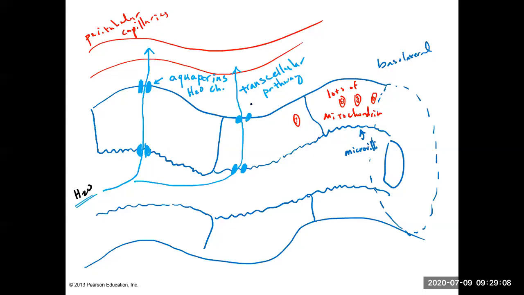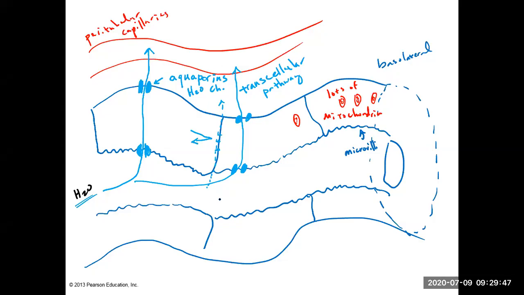But the water can go another way to the other side from the filtrate. It can actually go between the cells. Even though there are tight junctions, that doesn't mean the water cannot go in between them. Tight junctions hold these cells together, and they cannot transport substances from one cell to another, but we're not doing that. We are going in between.